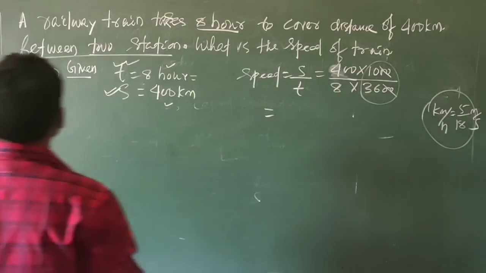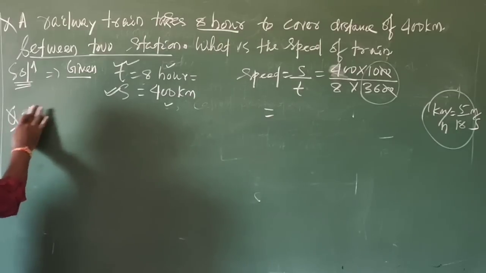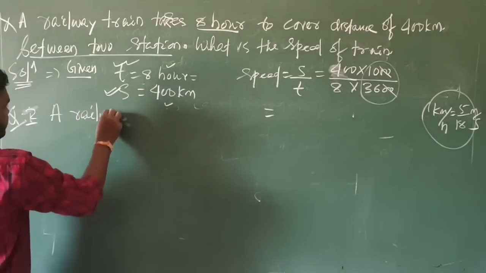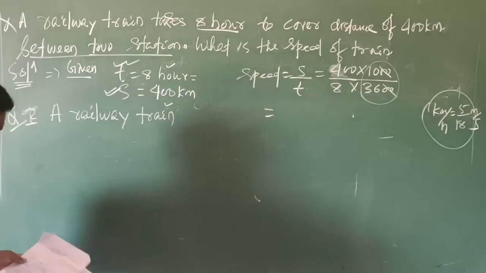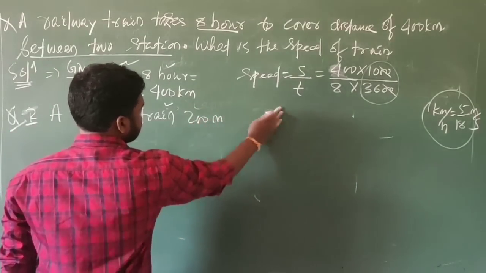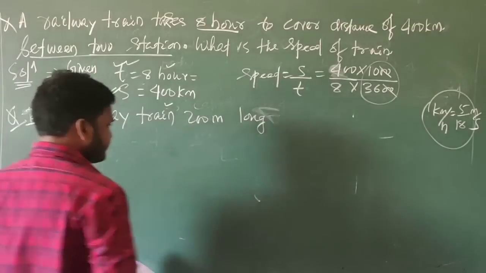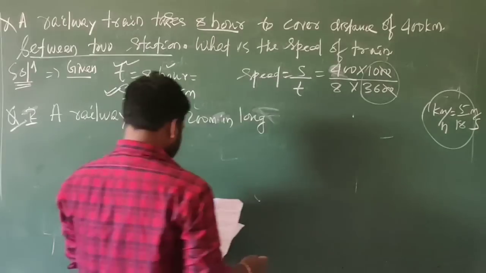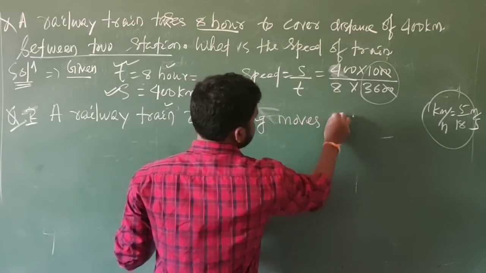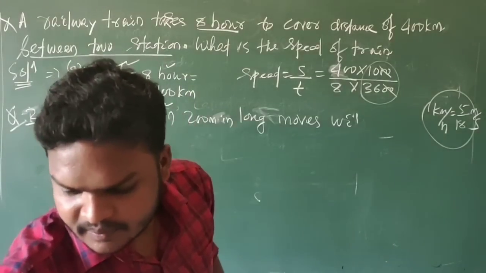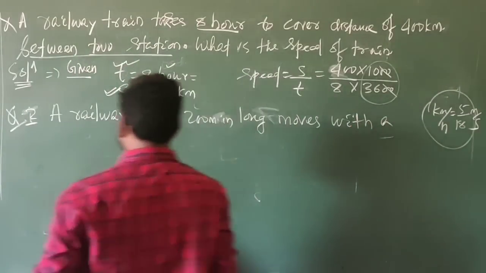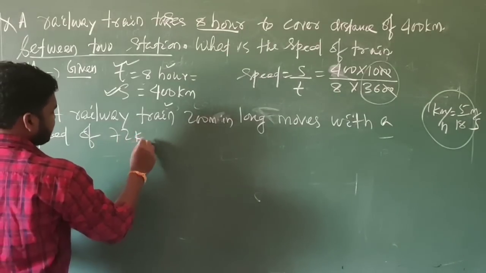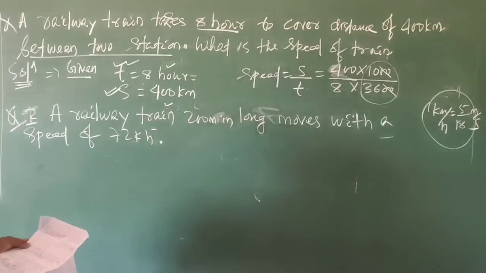Next question: a railway train 200 meter long moves with a speed of 72 km per hour.